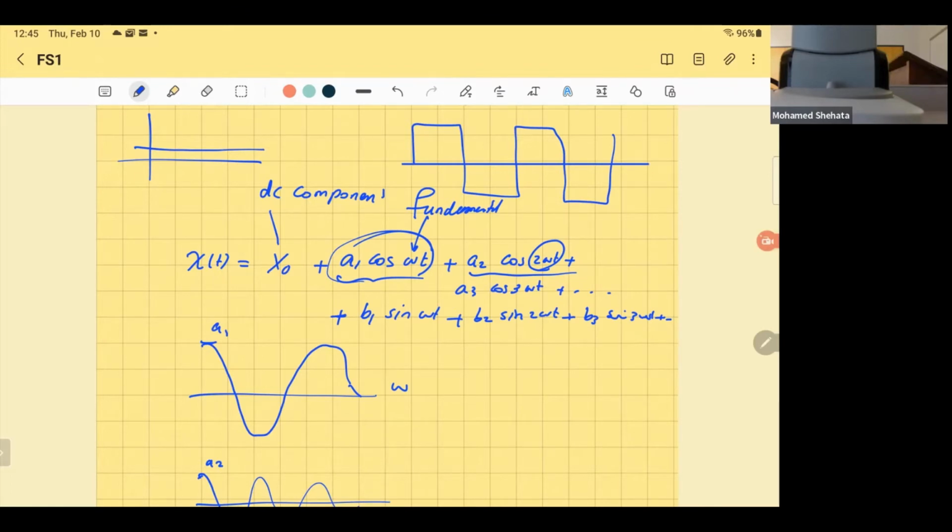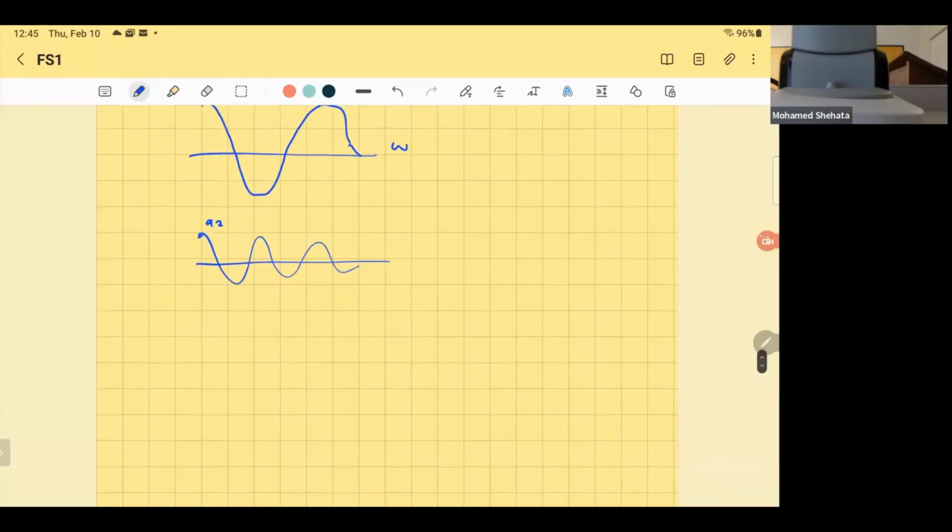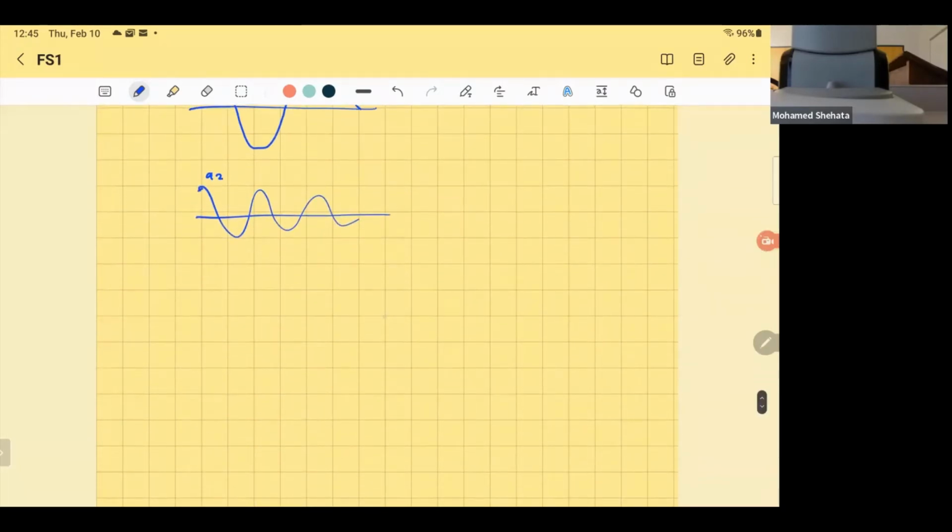The interesting thing about DC is that you can tell if a signal has DC or not. Like I'll give you an example. You have a square wave. Let's just do that. It's periodic.